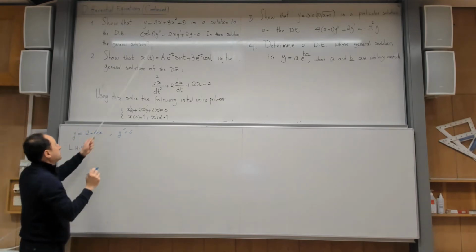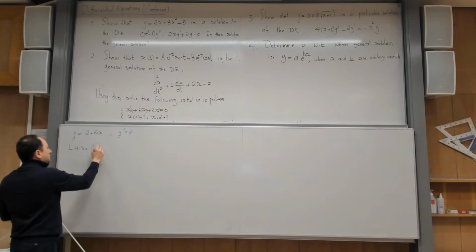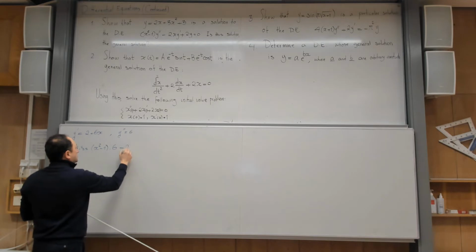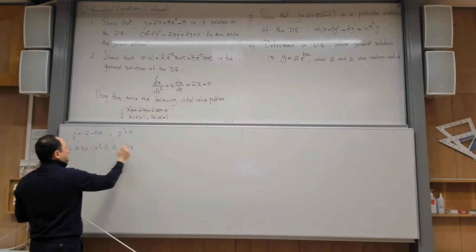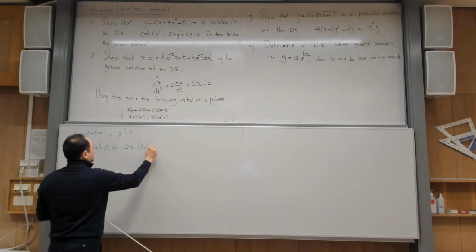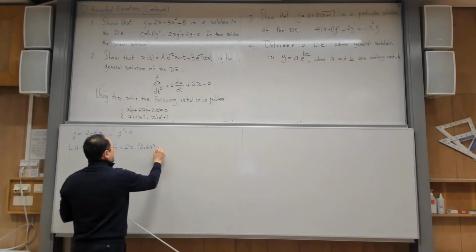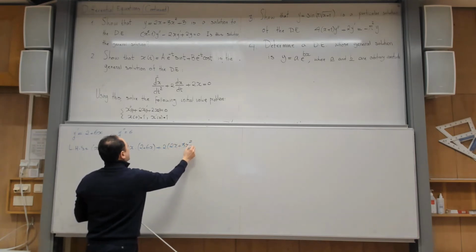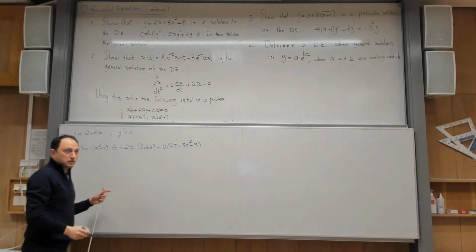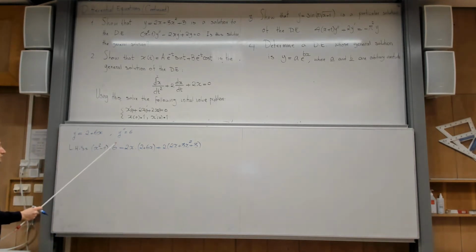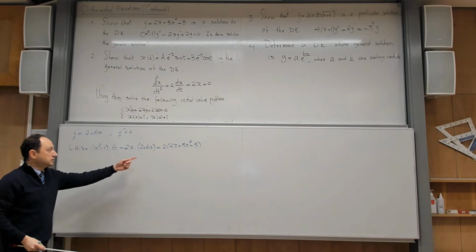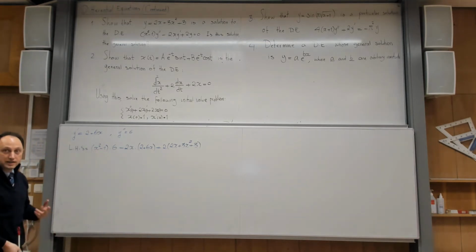I write x squared minus 1, and then multiply it by y double prime, which is 6, minus 2x times the y prime, and then plus 2y, 2 times y, which is 2x, plus 3x squared plus 3. So I have just calculated y prime and y double prime, and I have substituted these for y prime and y double prime, and I hope that if I simplify that, it becomes 0 identically.